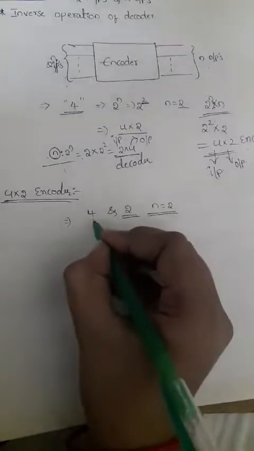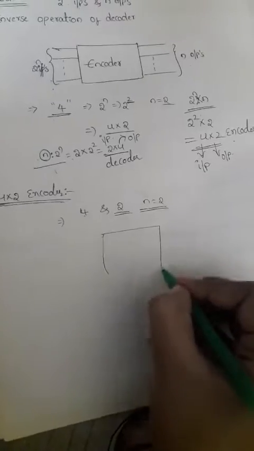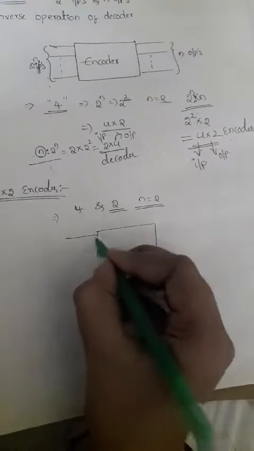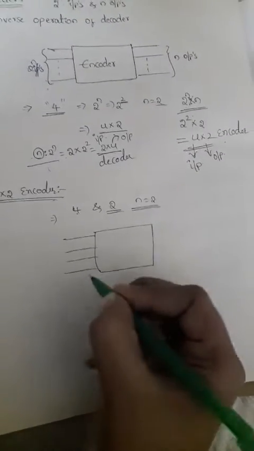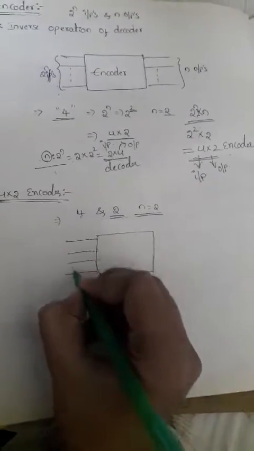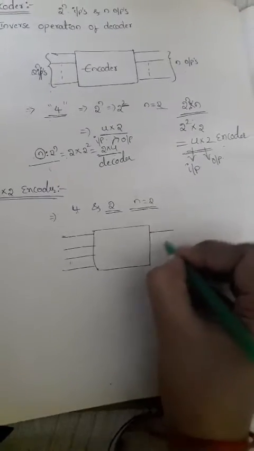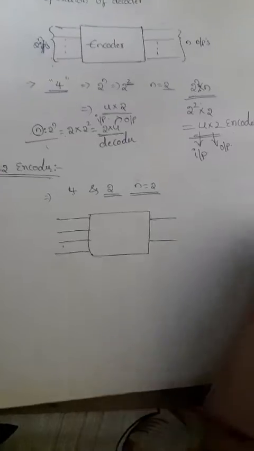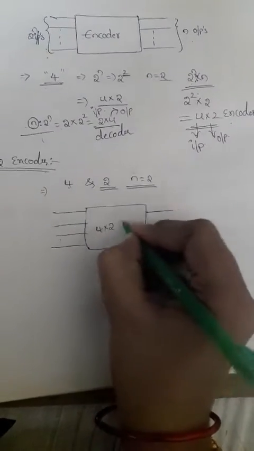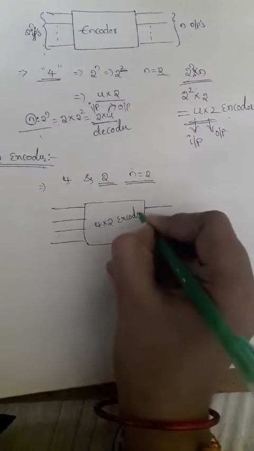Okay, so input lines will be 4, so just draw the block diagram for this 4x2 encoder. I will write it here. These are the 4 input lines and these are the 2 output lines we are having. Okay, so this is the 4x2 encoder.